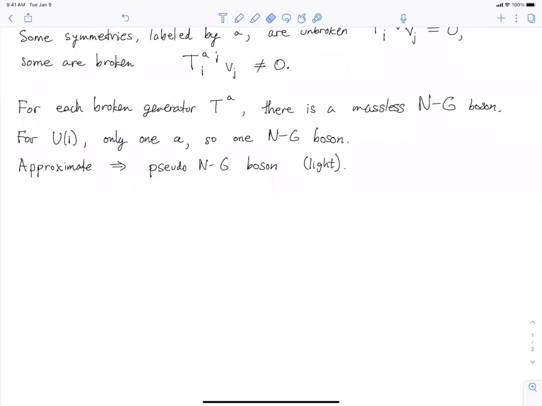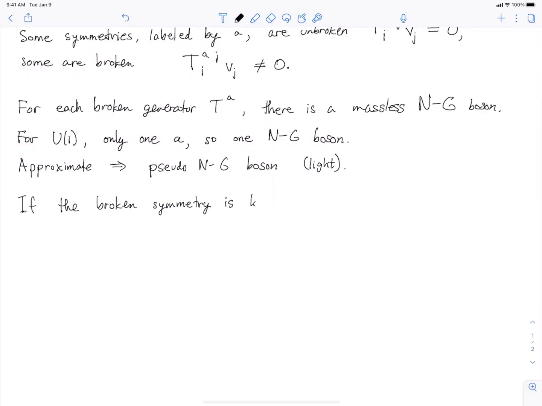Now, if the broken symmetry is promoted to local, which one way to do that is if it's gauged, meaning it has a gauge boson associated with it, a vector boson.